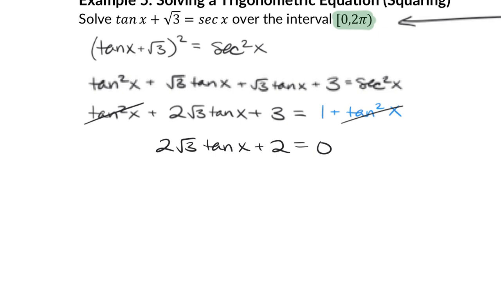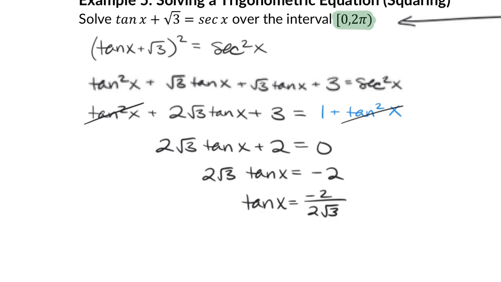We start to solve this. Now it's a linear function, which means we're going to subtract 2 from both sides. What are we going to divide by? 2 root 3. The whole thing, because that's just numbers in front of tangent of x.